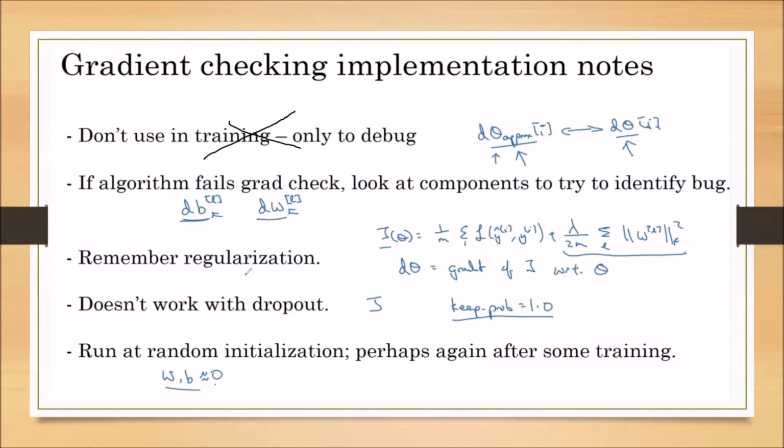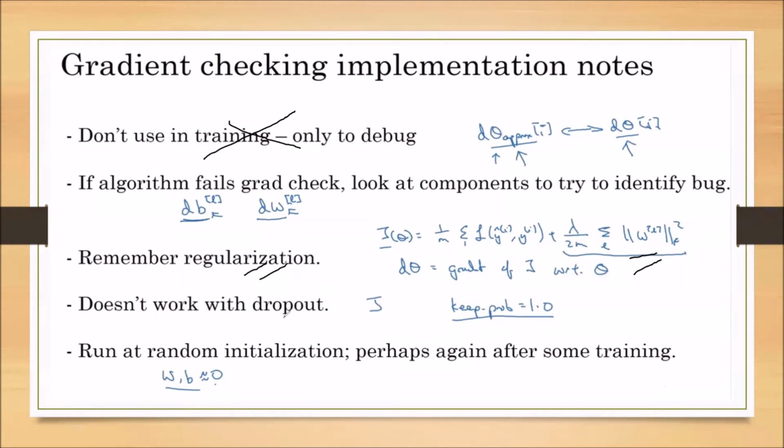And the second point: remember to use the regularization if you are already applying it. If you are applying L2 regularization, then use the regularization term in the numerical computation also. Do not forget it.